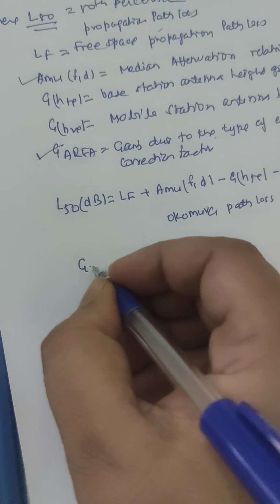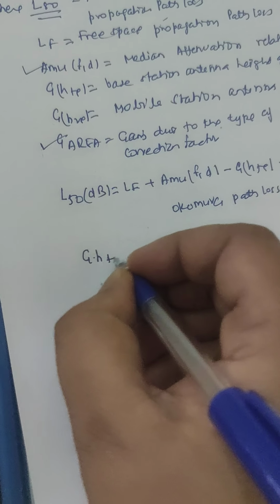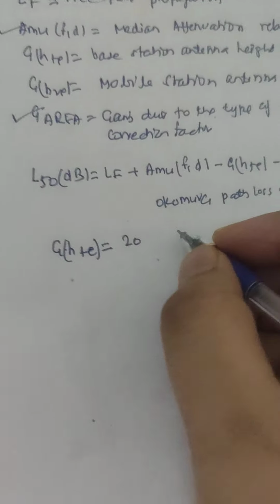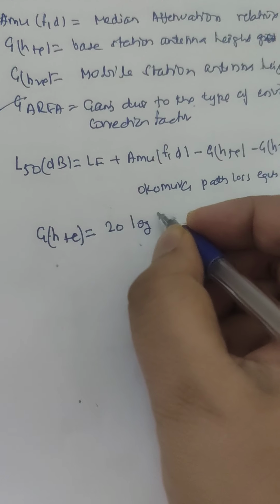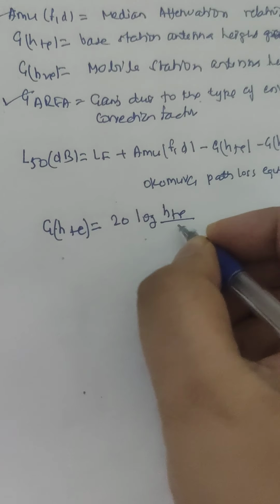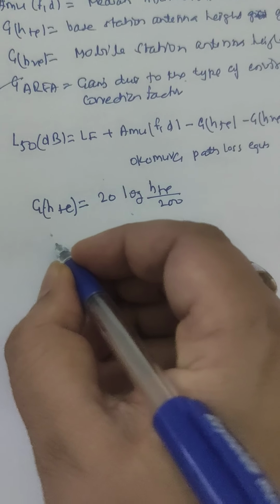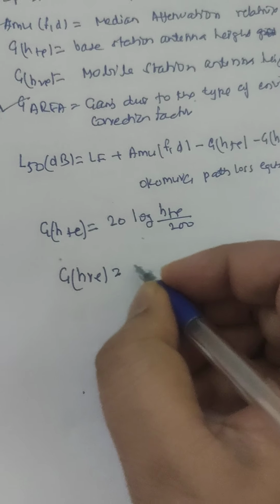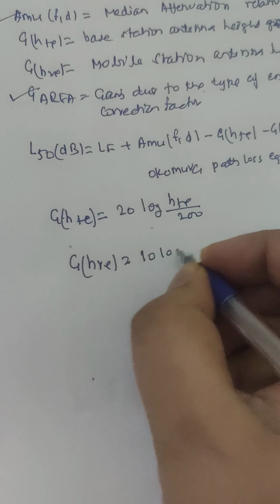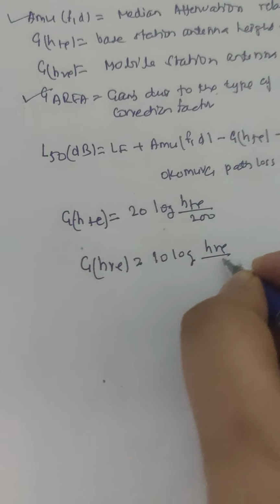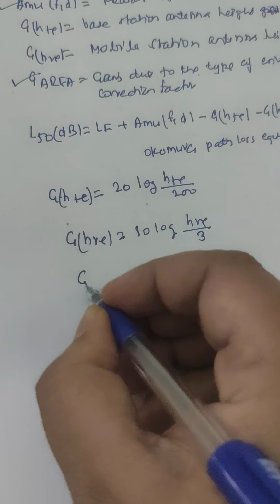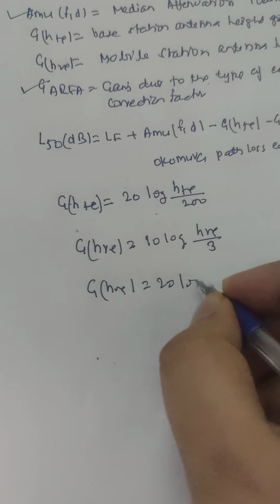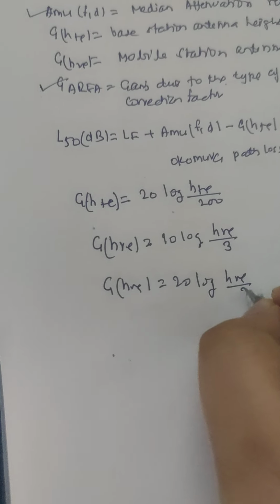The factors which are calculated with this formula are 20 log HTE divided by 200, and for HRE, 10 log HRE divided by 3 and 20 log HRE divided by 3.